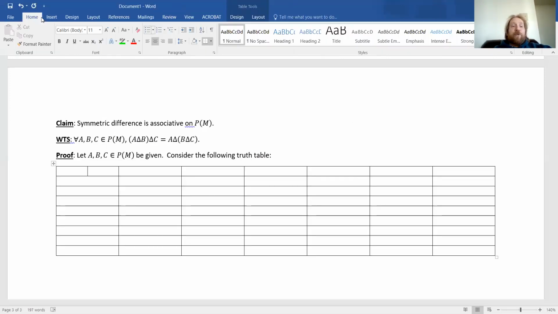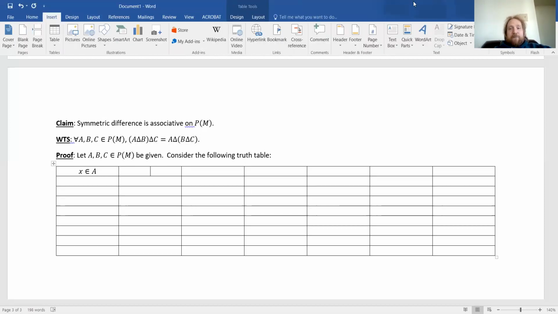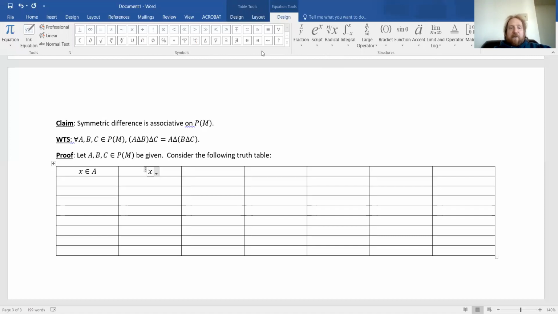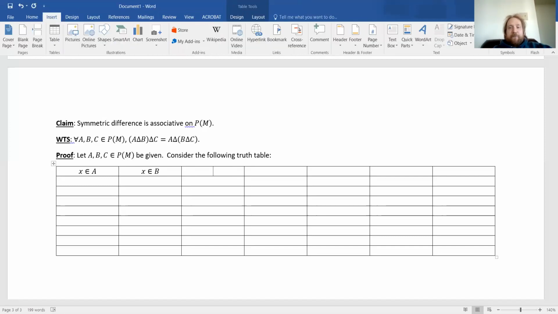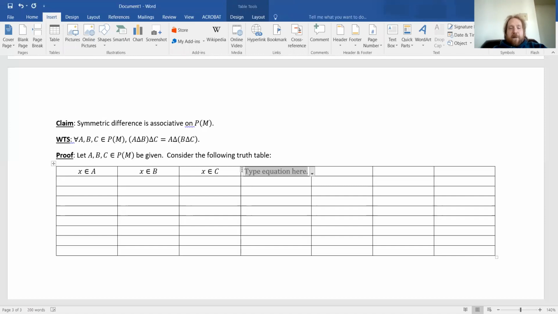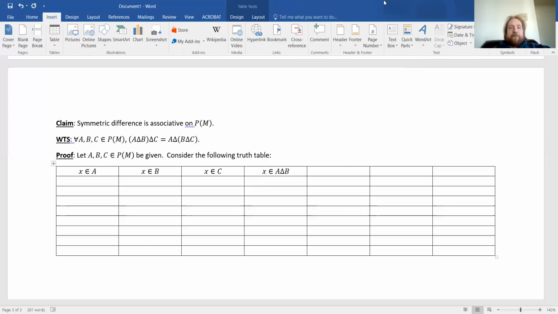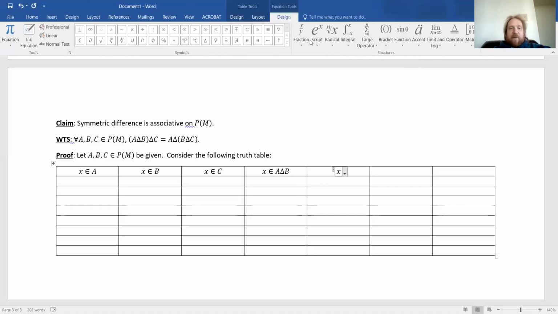And our columns are going to look like: X is a member of A, X is a member of B, X is a member of C, X is a member of A symmetric difference B, X is a member of B symmetric difference C.